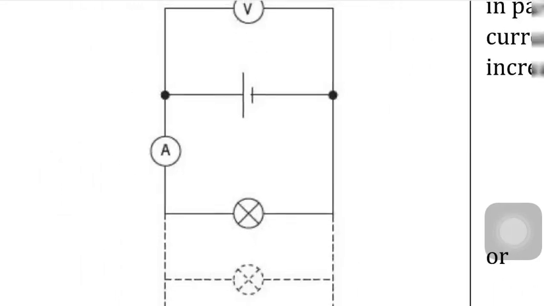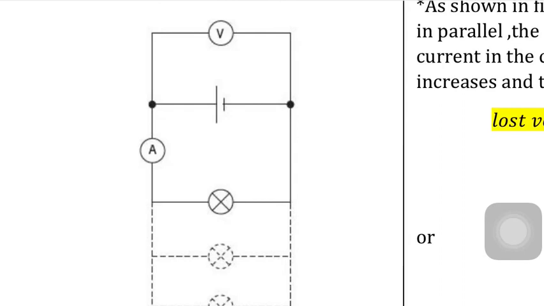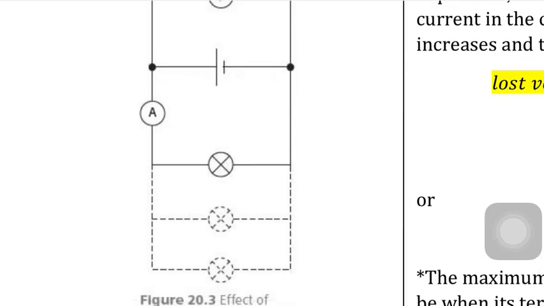But what happens here is, when you start connecting more and more components in parallel, the resistance in the circuit starts reducing. When the resistance in the circuit starts reducing, the current increases.